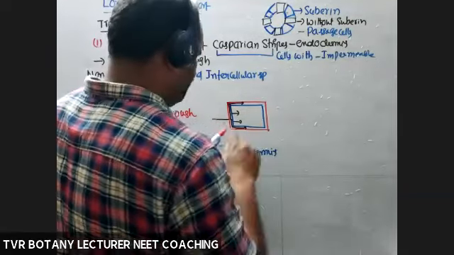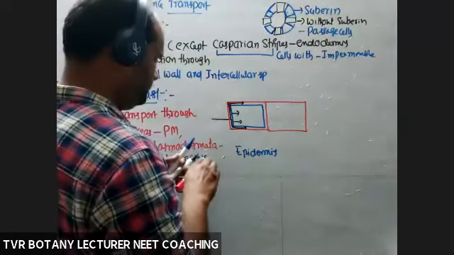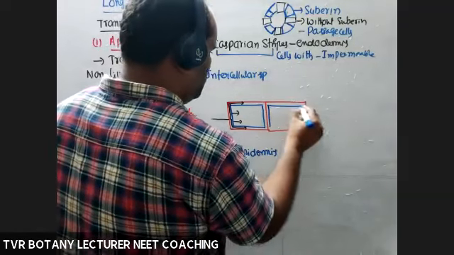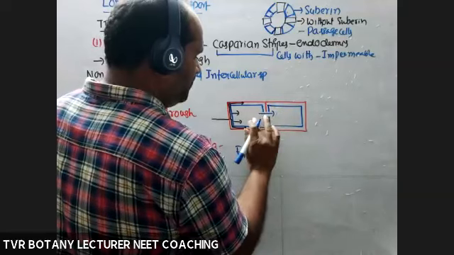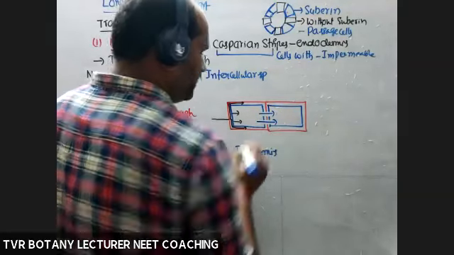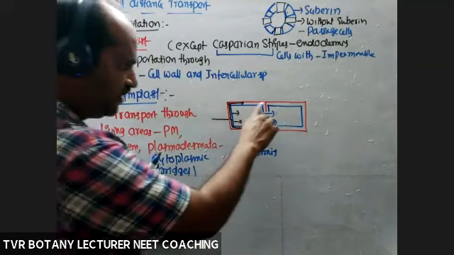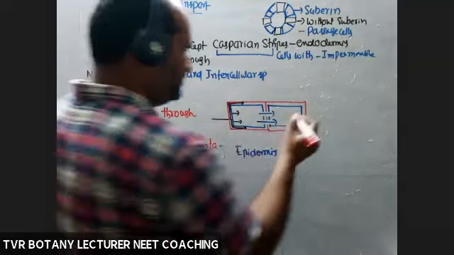And the next cell, cortex, cortical cell, and its protoplast. Here connections are present. What are they? Plasmodesmata. Symplast or not? So red colored one, simply remember red colored one. Cell wall, apoplast.